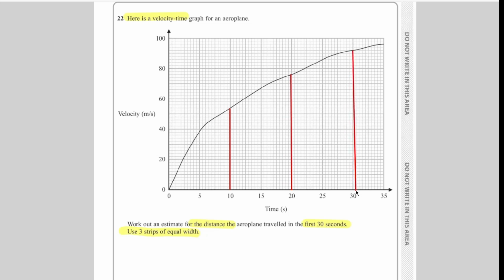We can go further. Then we are getting here, this one is a triangle, the second one is a trapezium, and the third one is also a trapezium. So we need to get the height.